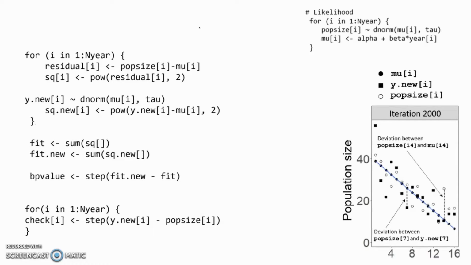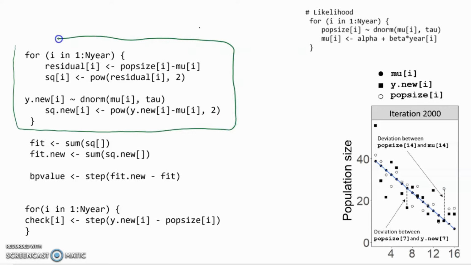So the first thing we're going to have is a loop. This is going to define a loop, and it's going to loop across years. It's going to loop across the 16 values of year. There's the open curly brace and the closed curly brace of this loop for those 16 years.